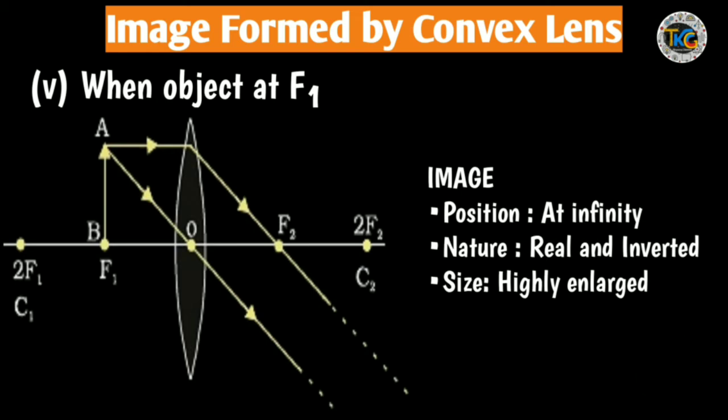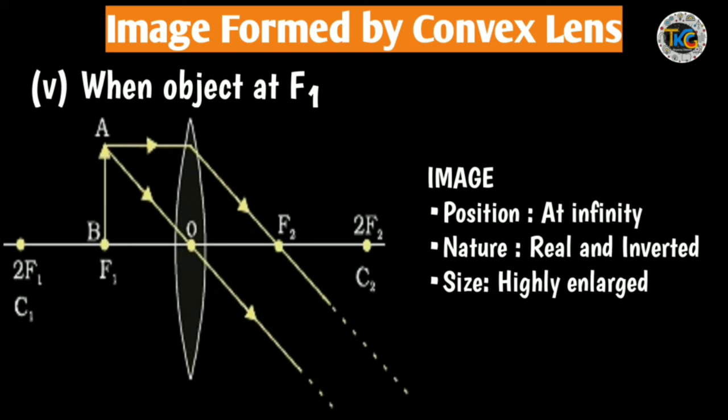Just see the figure here, two rays, one parallel to the principal axis and another passing through the optical center. These two rays are parallel to each other. So where will the image be formed? The parallel rays form the image at infinity.